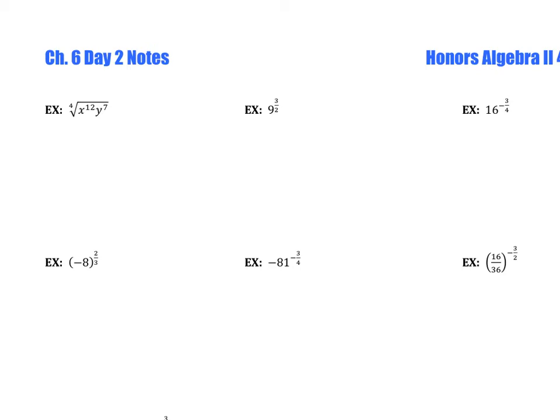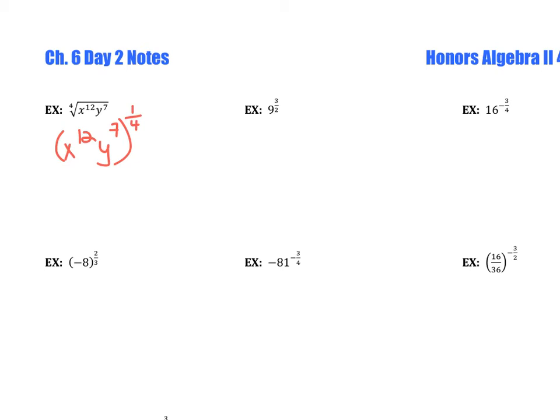All right, so the first example that we're going to do is simplify the fourth root of x to the 12th, y to the 7th. There are various ways you could approach this one, but I'll keep it consistent with what we were doing at the beginning of the lesson, and rewrite this radical expression in exponential format. That would be x to the 12th, y to the 7th, all raised to the 1/4 power.